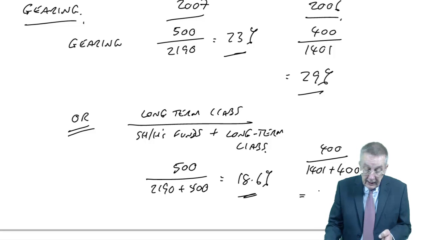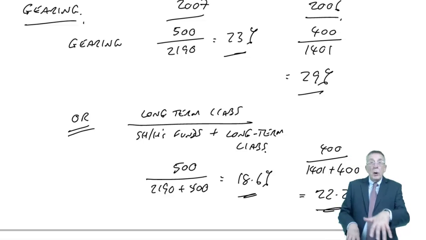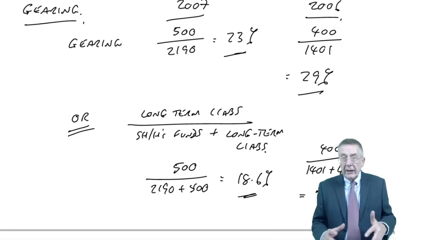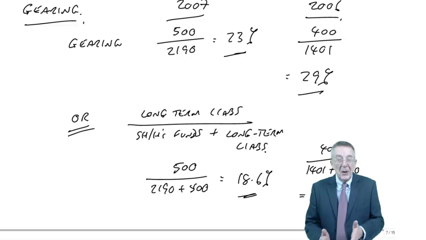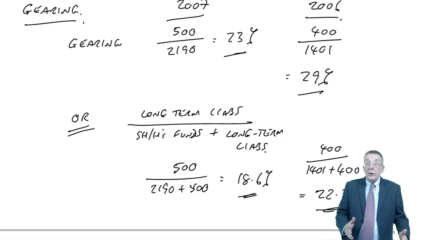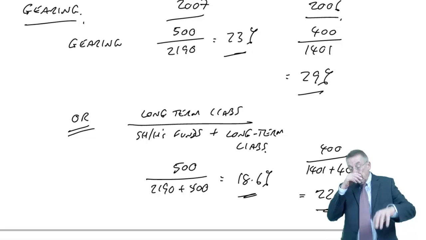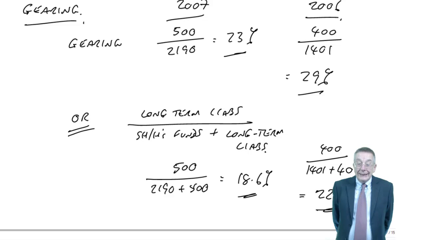Oh no, 22.2%. So either way, but if it was ever required, you would be told which way they were measuring it. And obviously, you had to do both years the same way. And of course, in both years, here they've fallen, because the proportion of debt is lower.